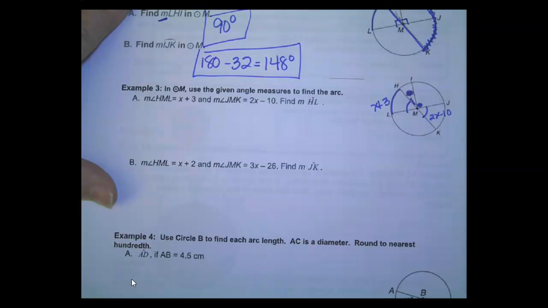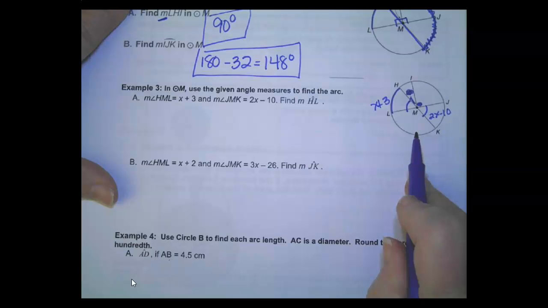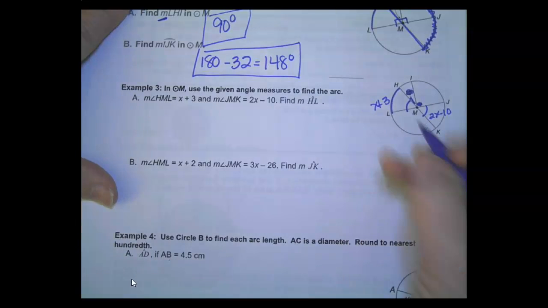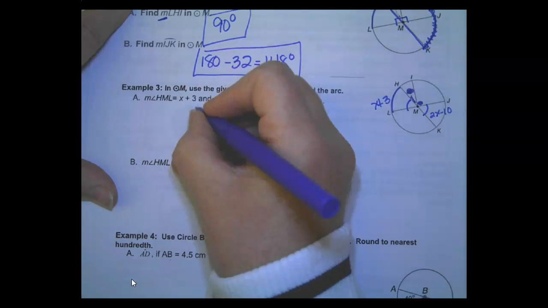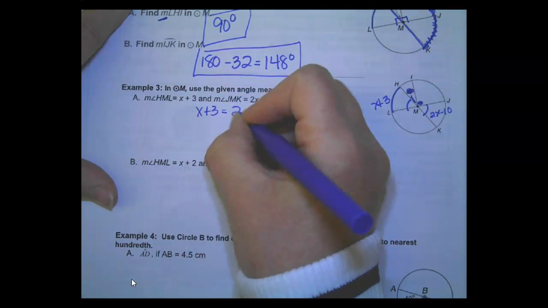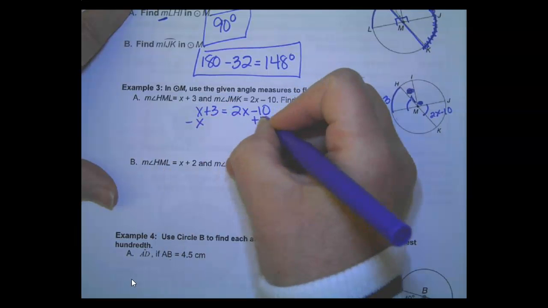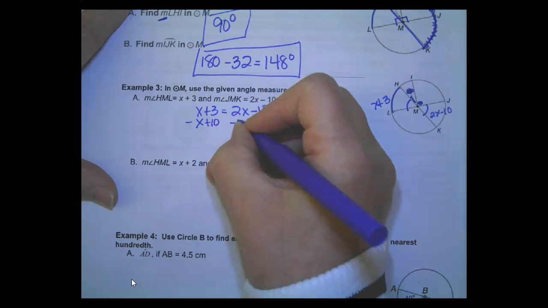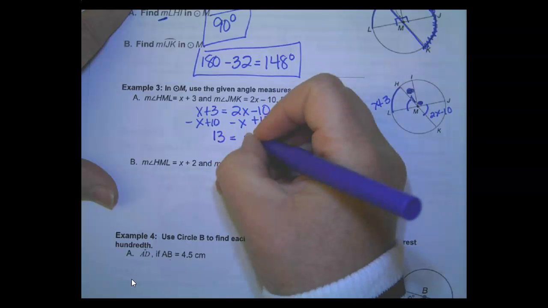Is that right? There was something wrong with this equation. Oh, I think we're okay. Set both of these equal to each other. So we're going to go x plus 3 is equal to 2x minus 10. Subtract x, add 10. So I get 13 is equal to x.